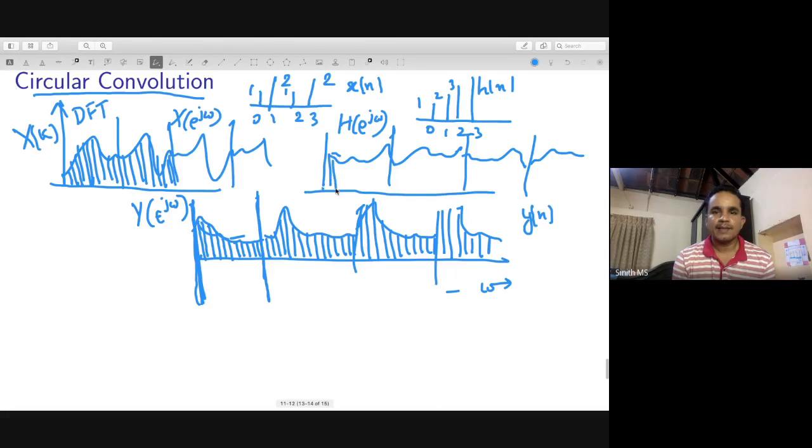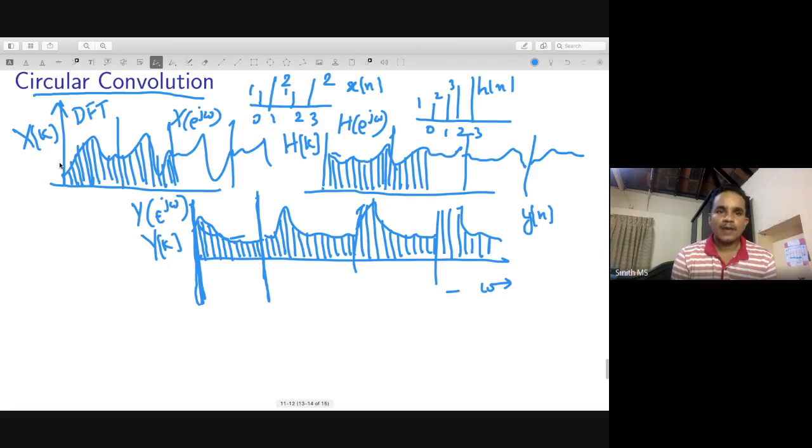And suppose that you are sampling this also. This is the DFT of h, so you can represent it as H of k, the DFT of h of n. We are sampling it and considering only one period. So let us represent this as capital Y of k, which is the DFT of the signal y of n.